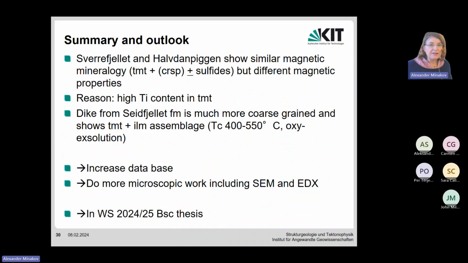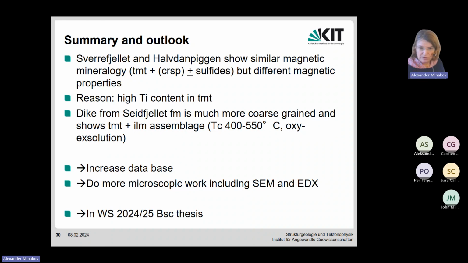Okay, so Spherefjellet and Halfdan-piggen show similar magnetic mineralogy but different magnetic properties. And the reason is the different titanium content in the titanomagnetite creating these different Curie temperatures. And the dike from the Seidfjellet formation is much more coarse-grained and shows a titanomagnetite-ilmenite assemblage that relates to the composition of the rock actually.